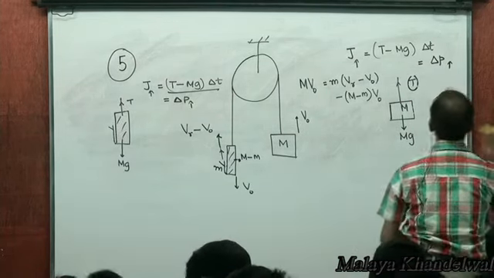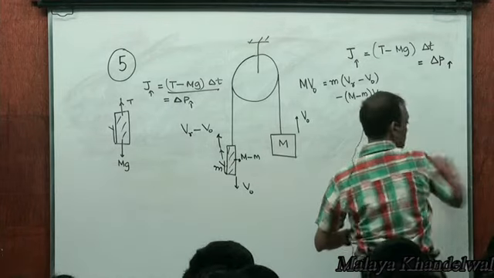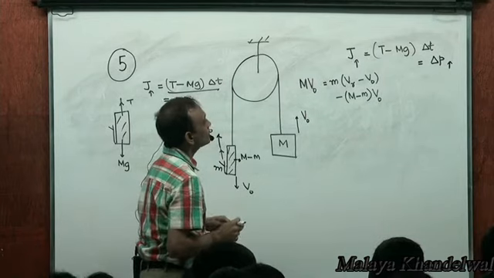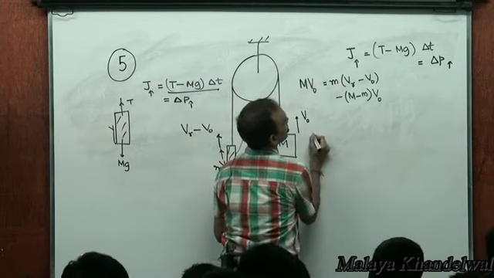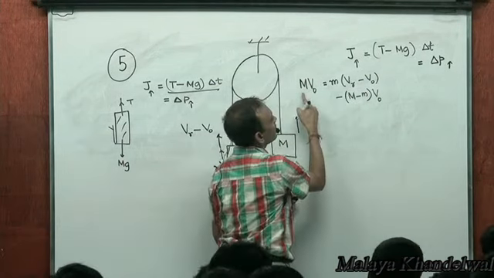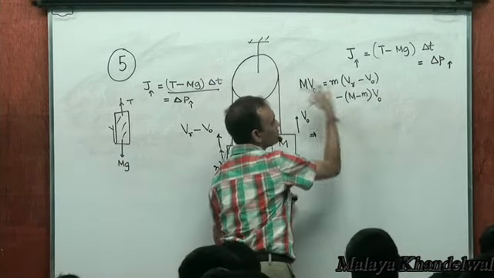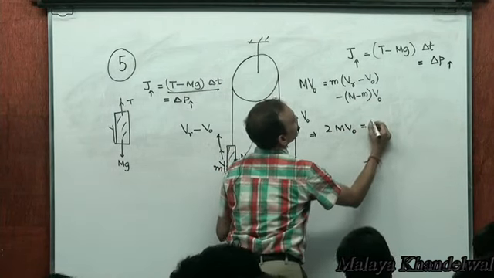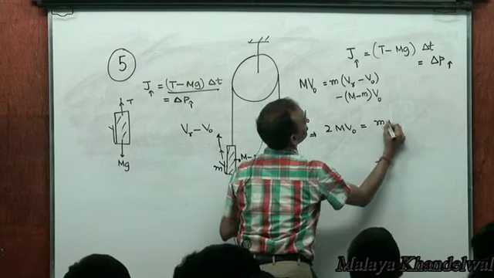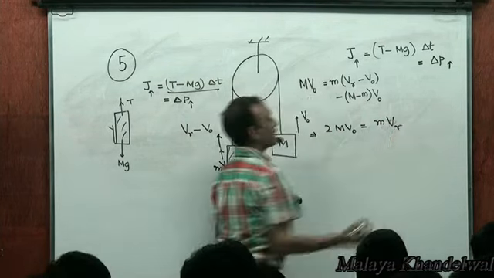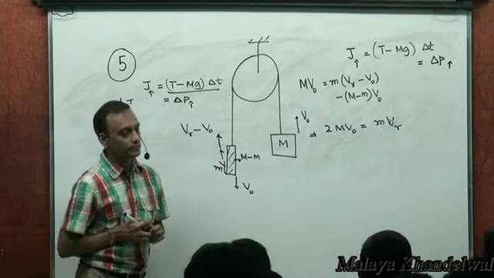Now once you understand this, see, we have minus mv naught plus mv naught getting cancelled, and mv naught plus mv naught, that is 2mv naught on the left hand side, that must be equal to 2m into Vr, right?